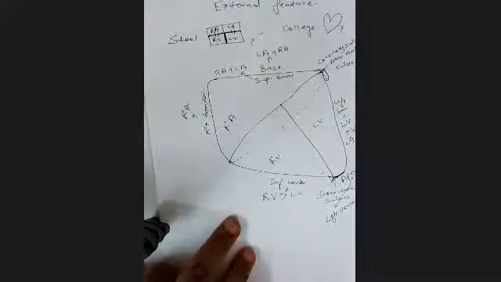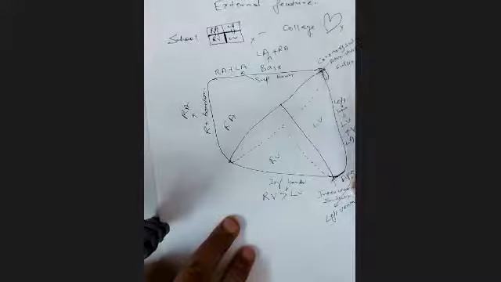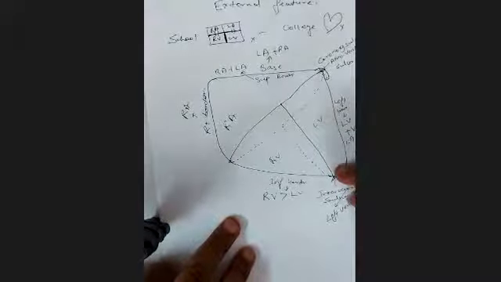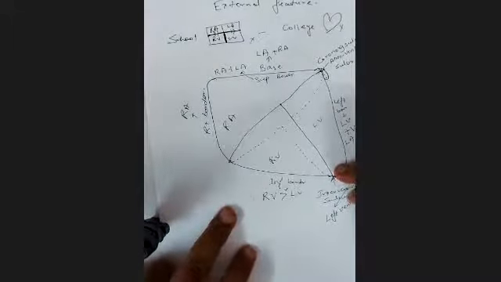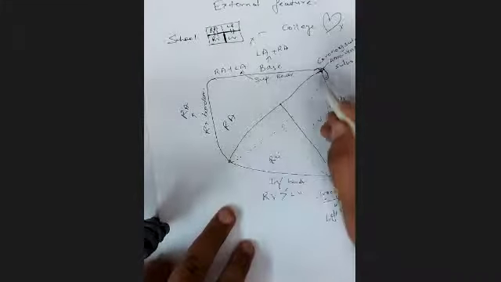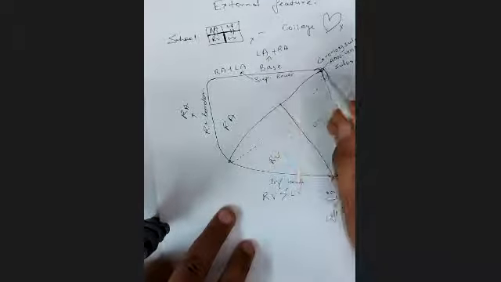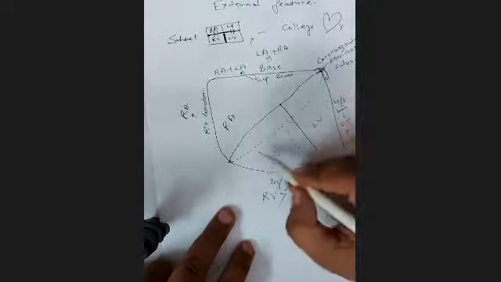Okay. So again, I will revise the external features of the heart. The heart has a base which is formed by the two atria, and an apex which is formed by the left ventricle. The heart has two main sulci. One is the atrioventricular sulcus, also called the coronary sulcus, where the coronary arteries lie.